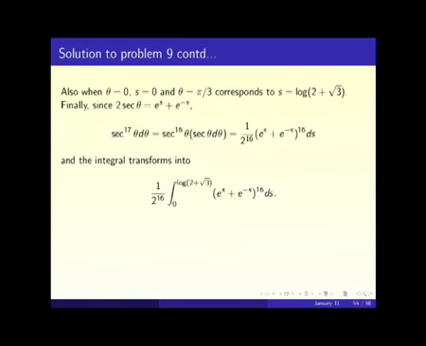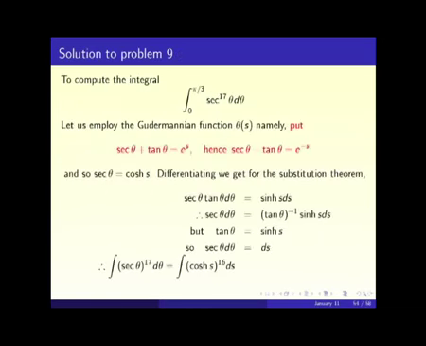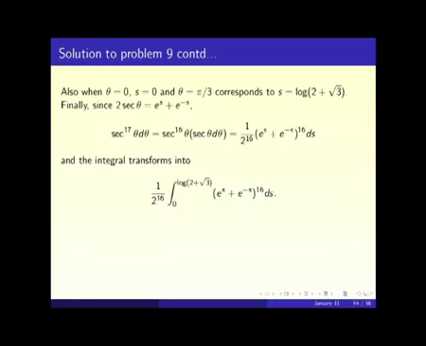Let us now incorporate the limits of integration. Remember the equation? Secant theta equals cosh s. So when theta equals 0, s would be 0, and theta equal to pi by 3 would correspond to s equal to log 2 plus root 3. That's easy for you to check.